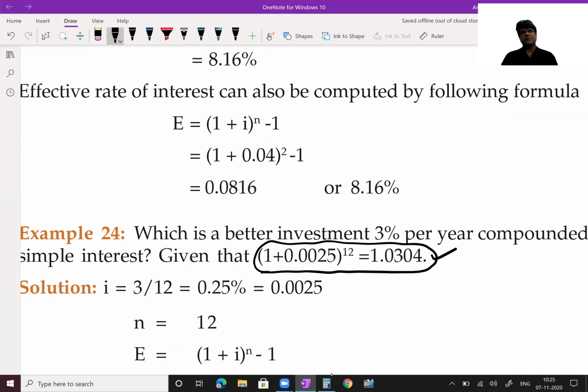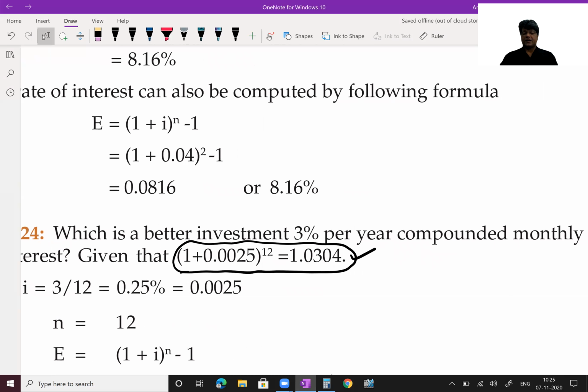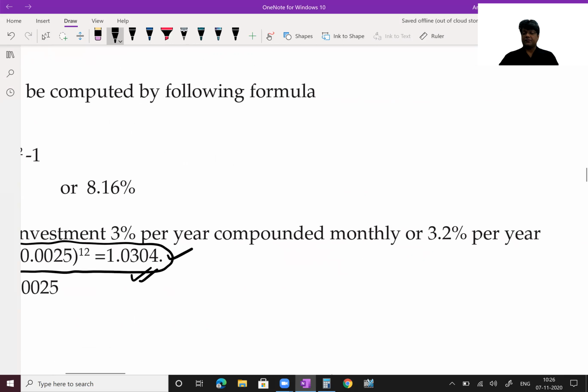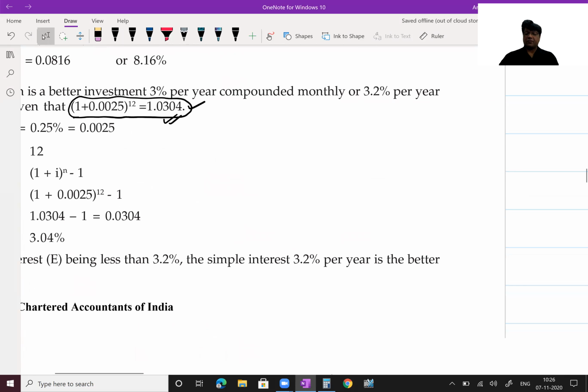Some students will take up to 4 digits after the decimal. Some students will take the full value, 8 digits or 12 digits, as it is coming on the screen of their calculator. And if, associated with this, you are going to calculate an amount and the principal is very large, then a difference will come, and then you will be confused in the exam. So it should not happen. That's why the required value will be supplied with the question, wherever they feel it is required.